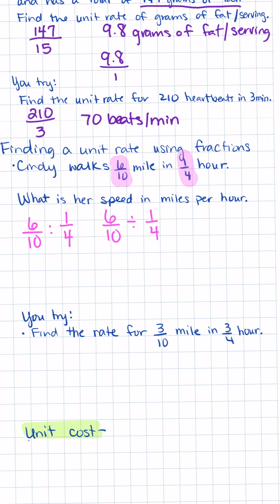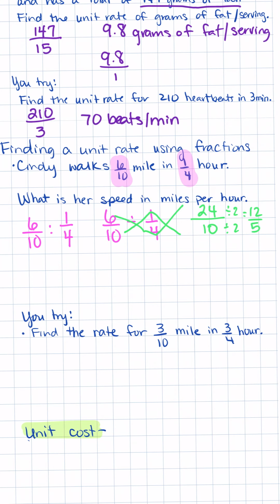Or you can go ahead and do it the other way. These go up, these go down. So 6 times 4 is 24. 10 times 1 is 10. Once we have that, we need to simplify. If we divide the top and bottom by 2, we get 12 over 5.